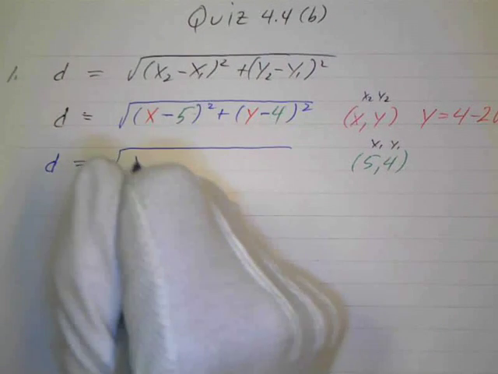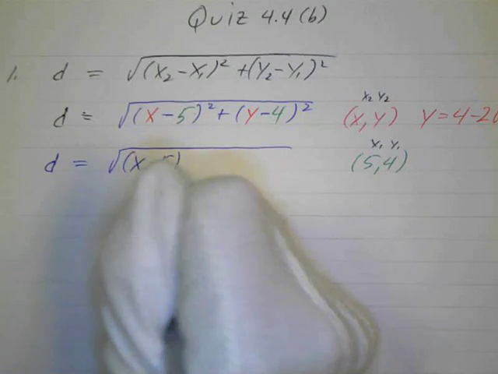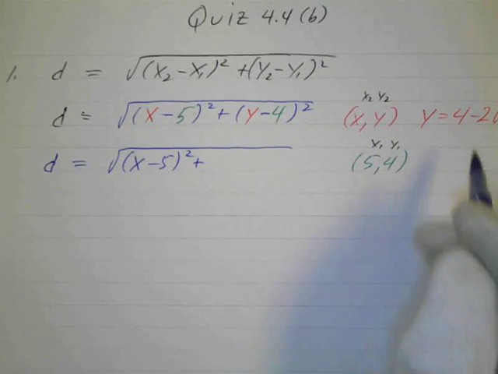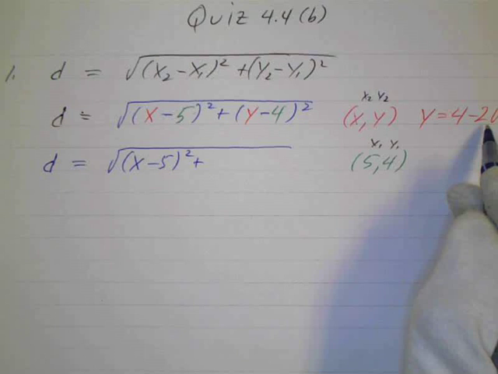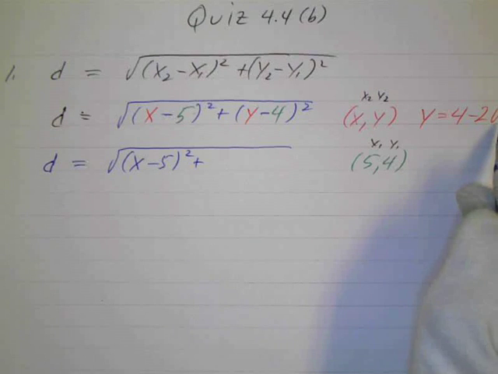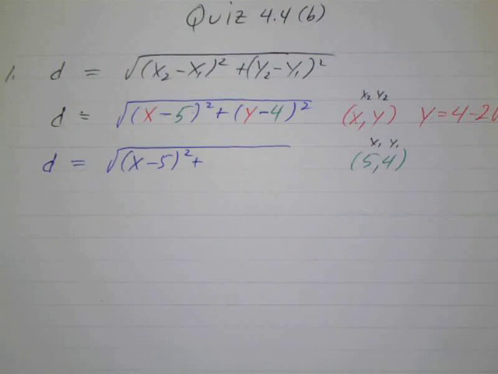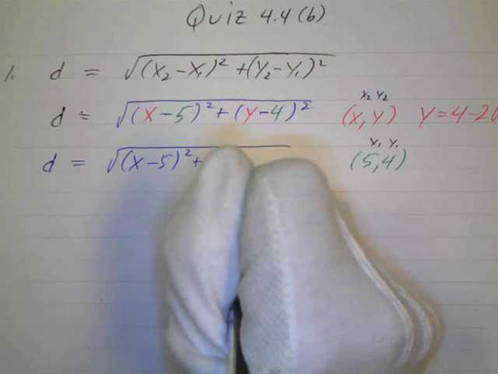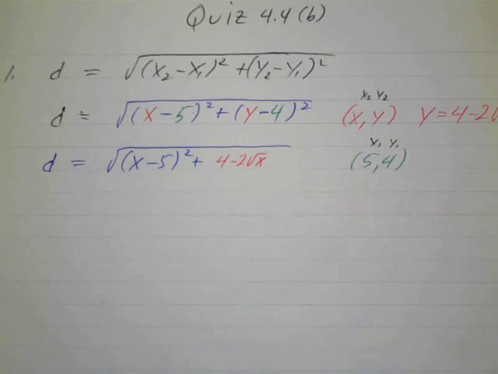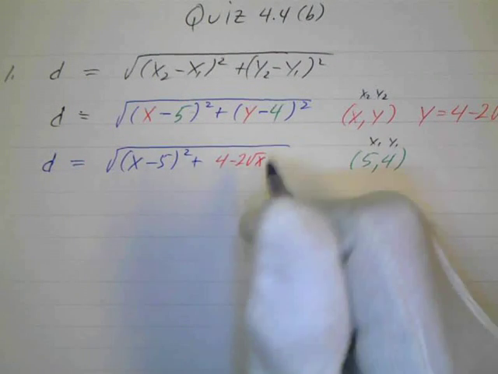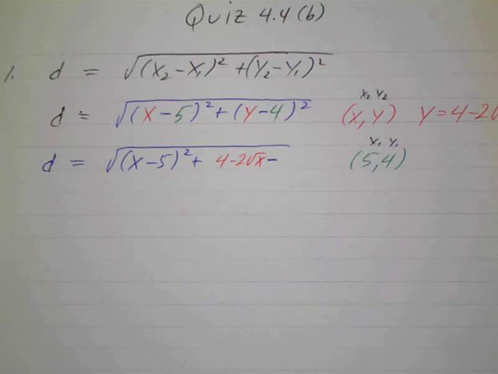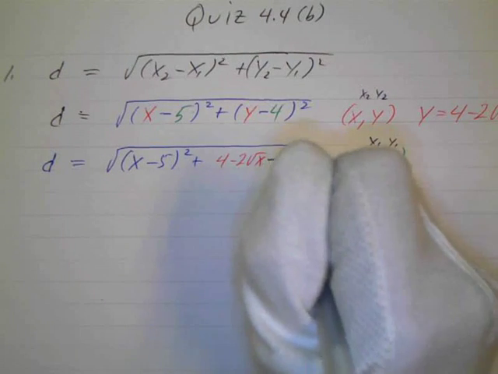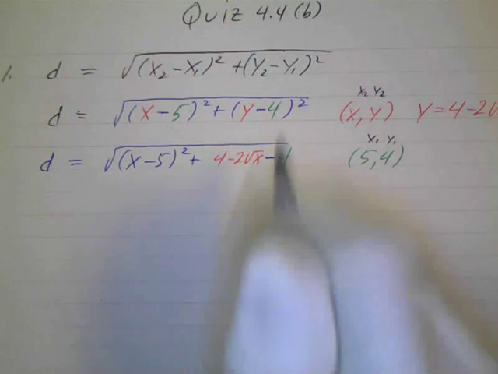That's going to be (x minus 5) squared plus, and what was y? Y was the same thing as 4 minus 2 square roots of x. So I'll put that in. See, that's what y is, and then minus the 4. So you can see that. And that's going to be all squared.